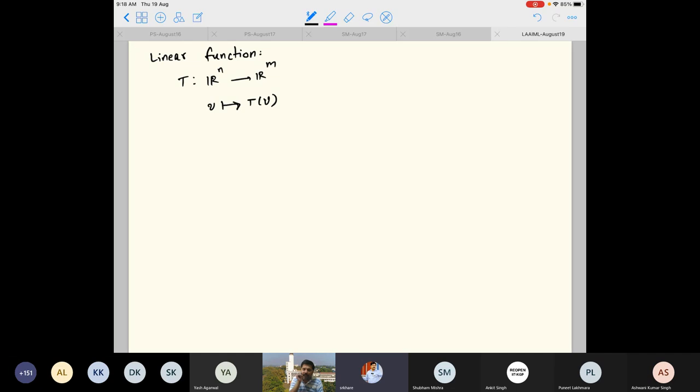That's the rule. And what are the conditions that this linear function has to satisfy? T of alpha 1 v1 plus alpha 2 v2 is basically alpha 1 T v1 plus alpha 2 T v2, right? That's the condition for a function to be linear.